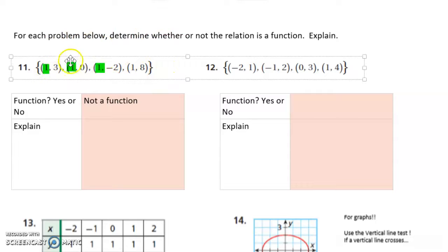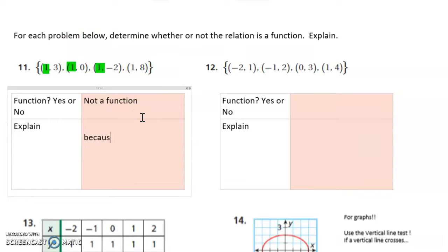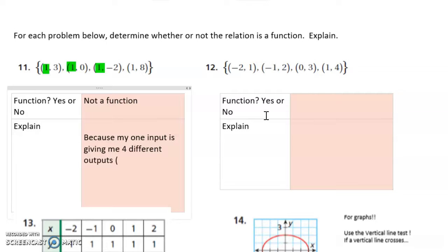This is like pushing the same number 1 button, but it's giving me 4 different types of pop. So not a function, because my one input, since I'm putting in a 1 each time, is giving me 4 different outputs: 3, 0, -2, and 8 are all coming from that same input.